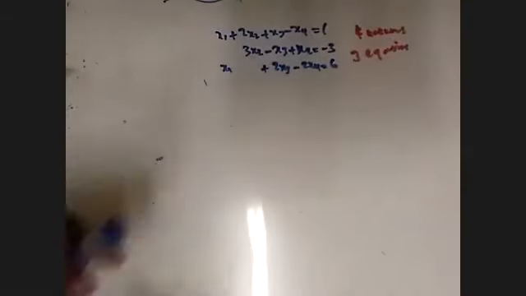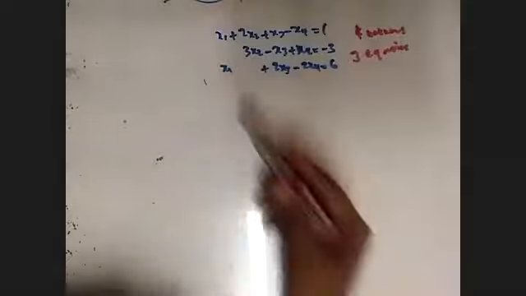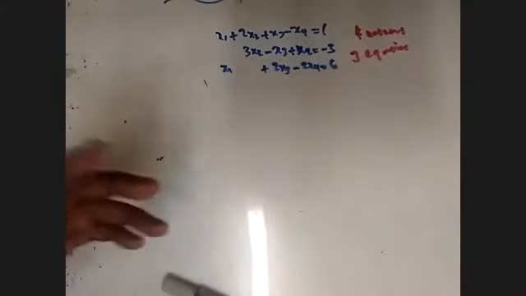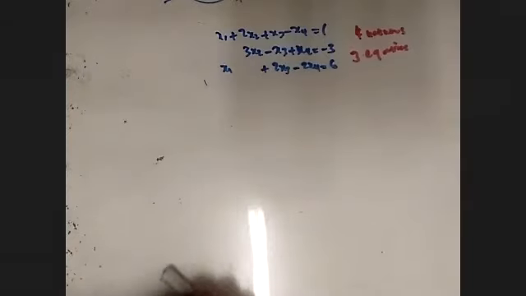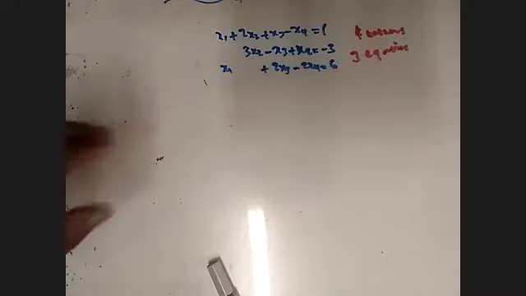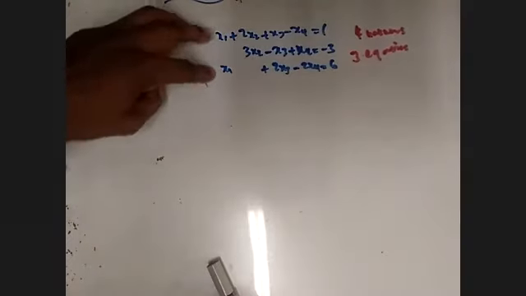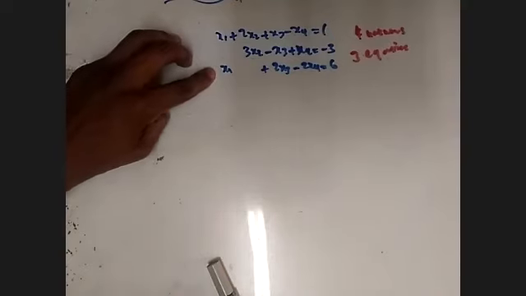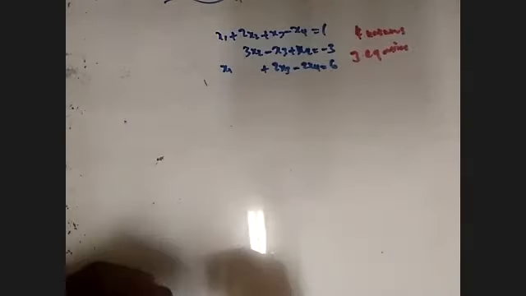So let us try and solve it. I don't need to write R1, R2, R3 anymore, because we now know that R1 represents equation 1, R2 represents equation 2 and so on. So we're going straight to solving this. I'm going to say R1 minus R3.